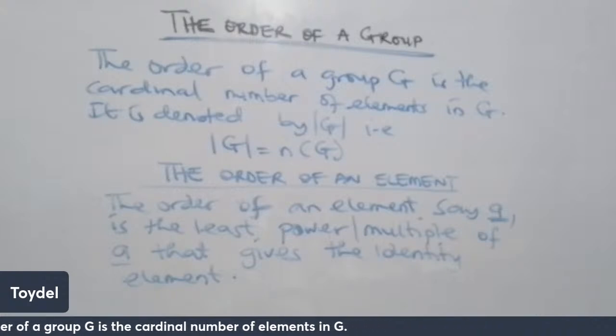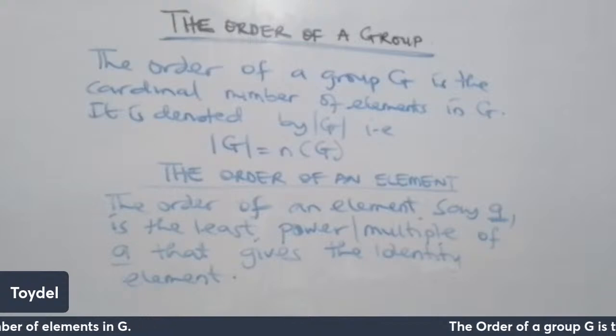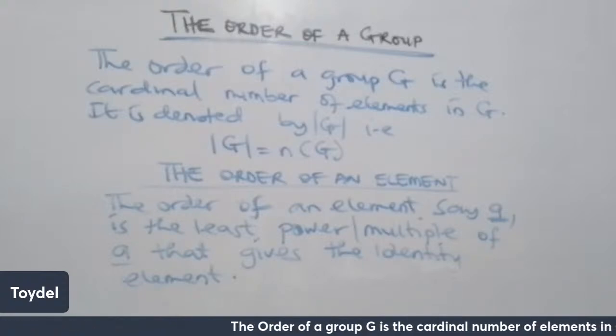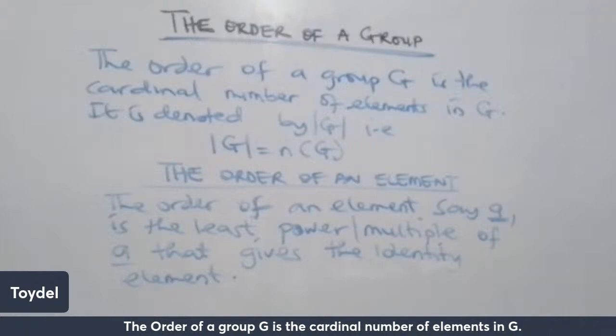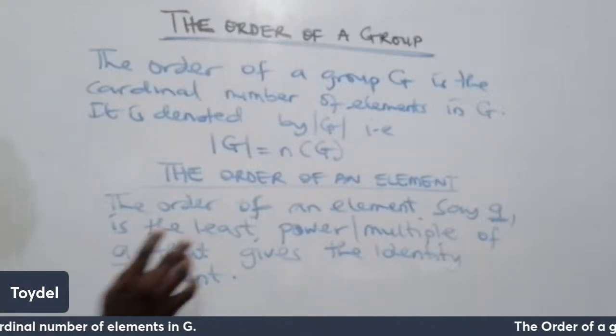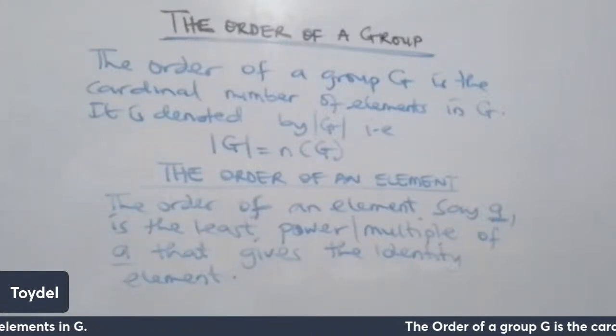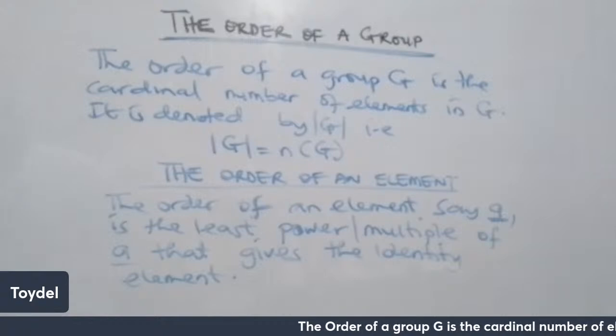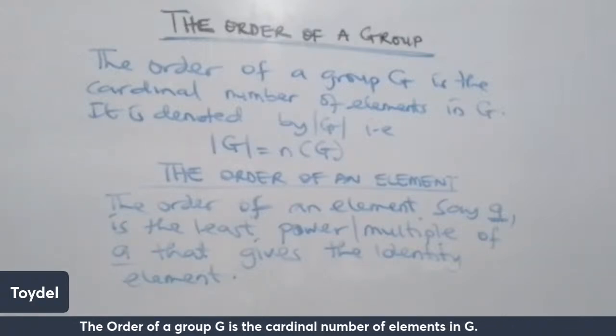And there's this other one called the order of an element. There are two different things. The order of a group is different from the order of an element. Please, let's get the difference. The order of a group is the cardinal number of elements in a group, just like when we talk about the cardinality of a set.